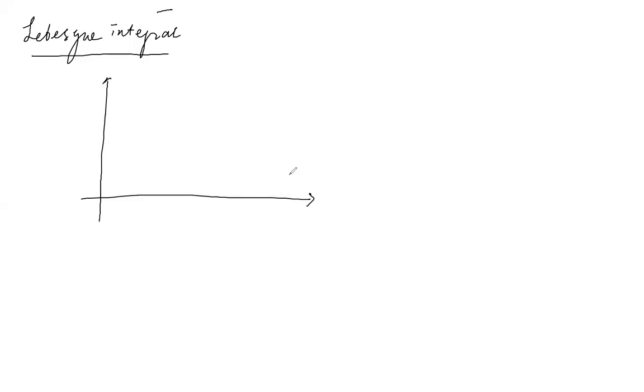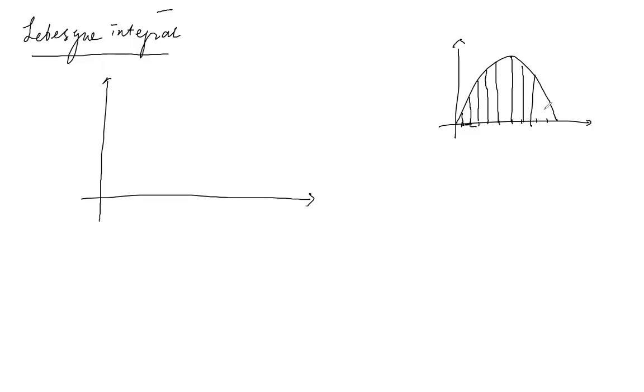For the Riemann integral, let's say you have a function curve like this and you want to find the area under the curve. You divide into regular intervals, then make a projection upwards and form rectangular bars.